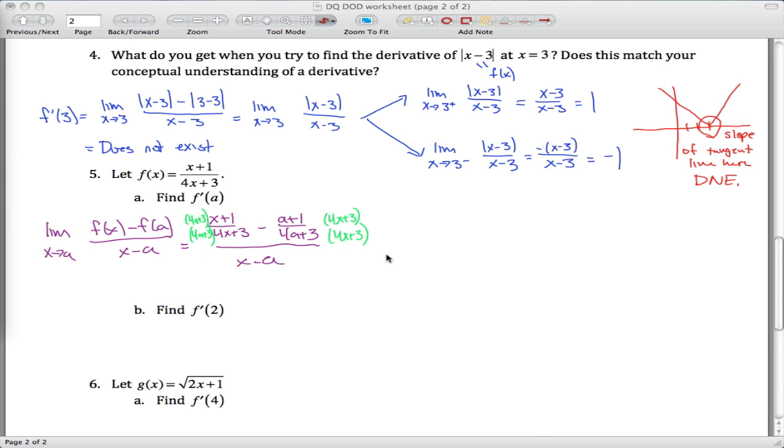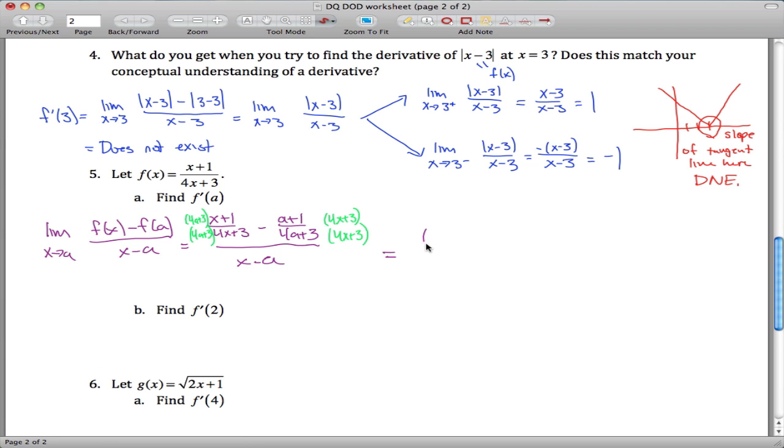That gives me a common denominator of 4a plus 3 times 4x plus 3. And in the numerator of the numerator, I have 4a plus 3 times x plus 1 minus a plus 1 times 4x plus 3. Big mess. And then that's all divided by x minus a over 1 if you want.